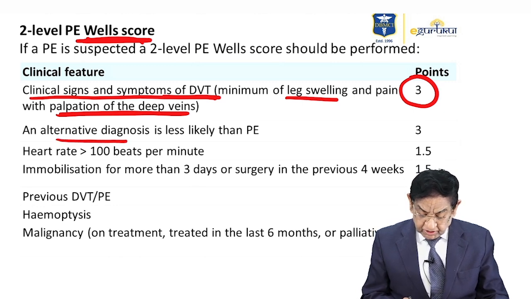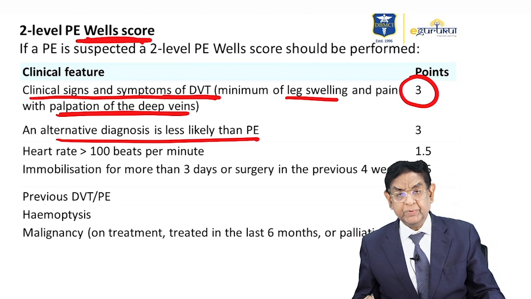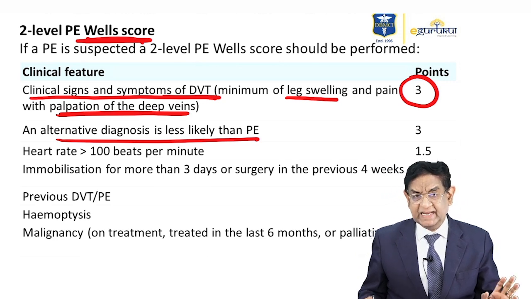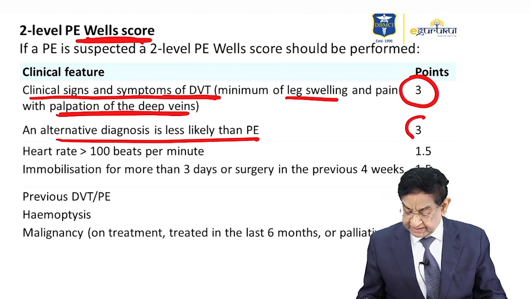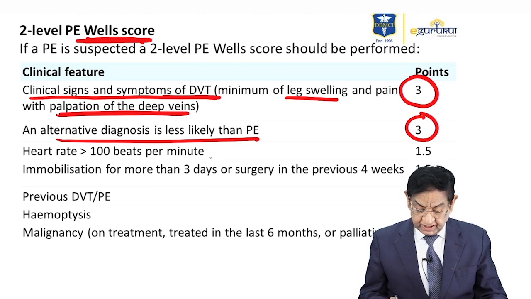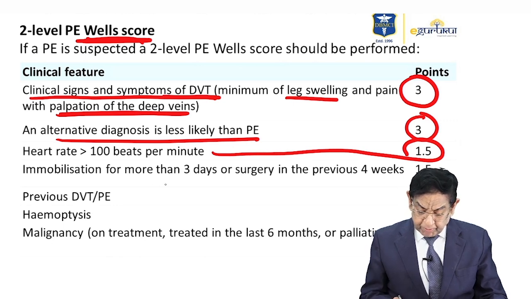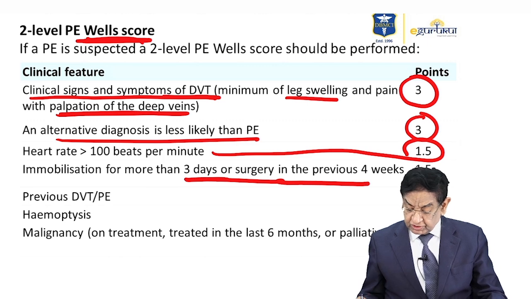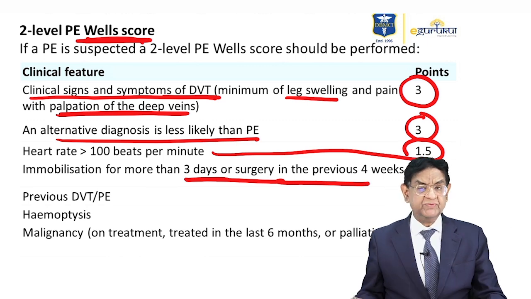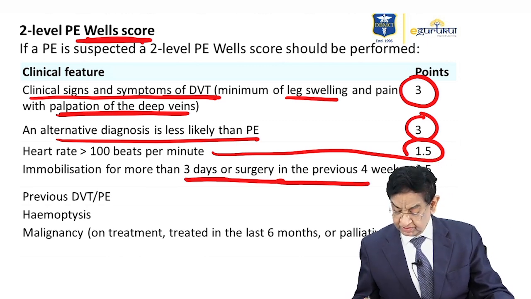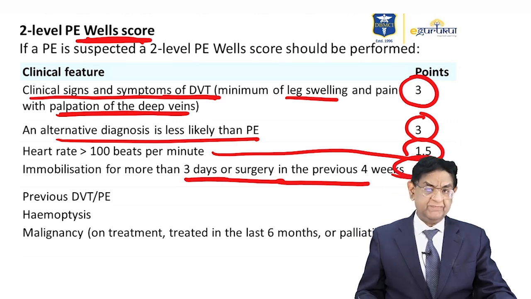Alternative diagnosis to pulmonary embolism is very less likely, the patient gets 3 marks. Heart rate more than 100, 1.5 mark. Immobilization for 3 days or surgery in the last 4 weeks, 1.5 mark.